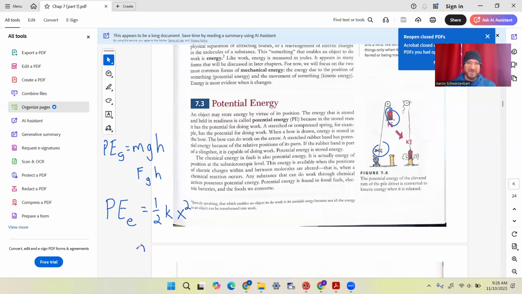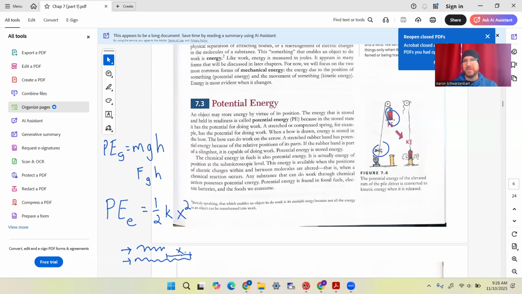So if I've got a spring here, and this is its default length, and I stretch it out, this change in length between my unstretched spring and my stretched spring is x. That is spring potential energy.